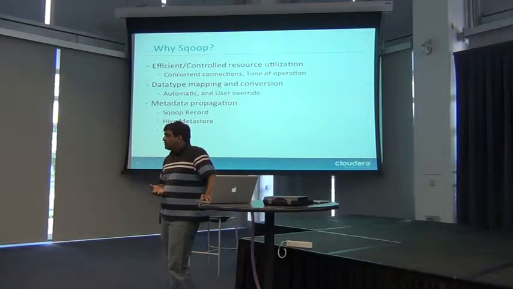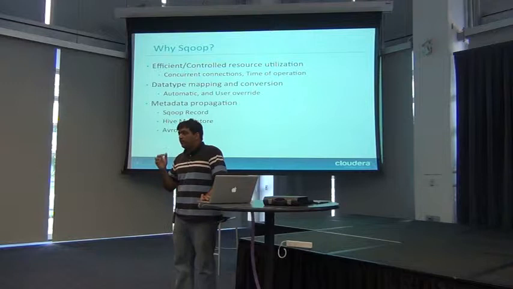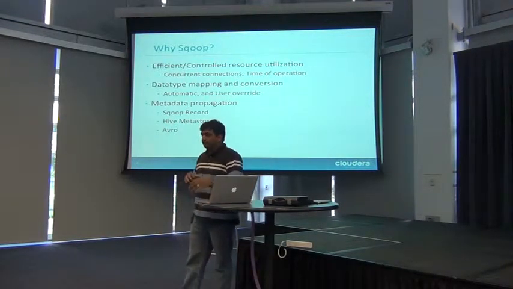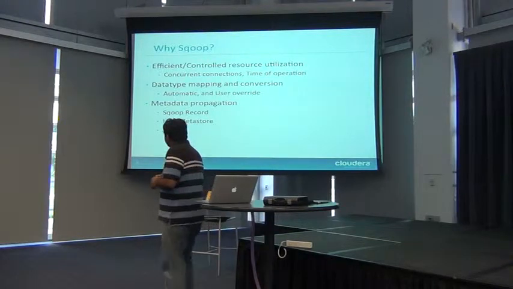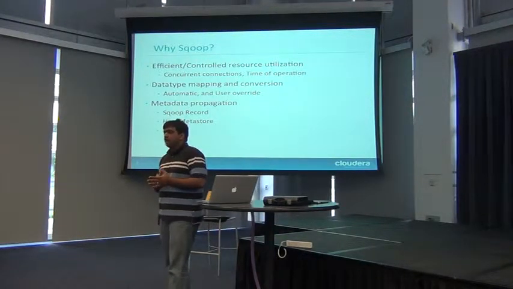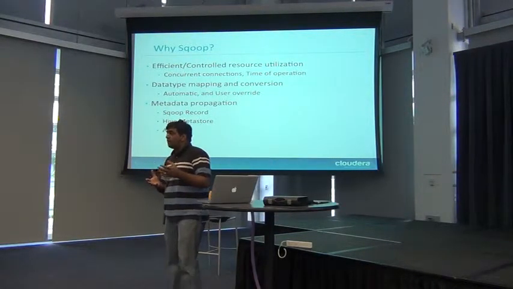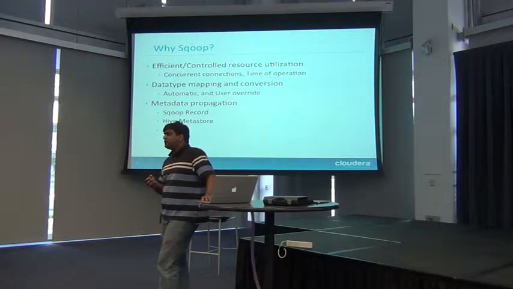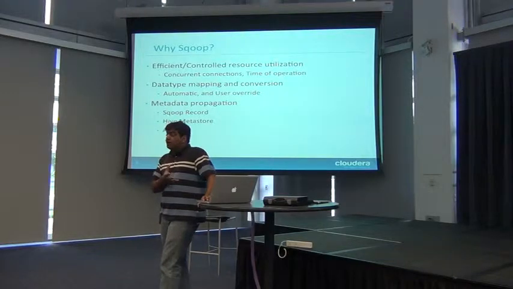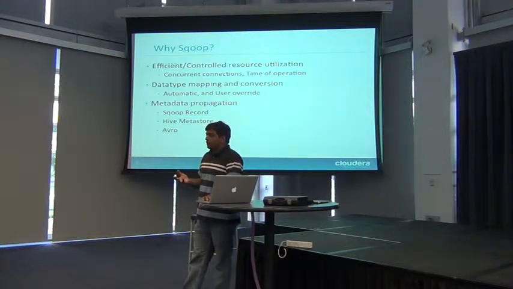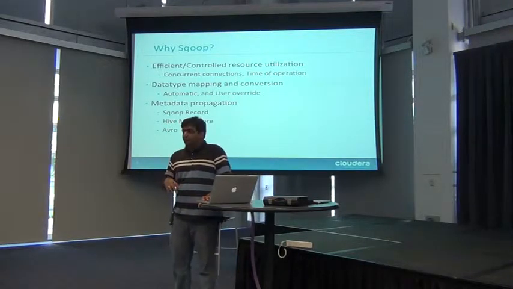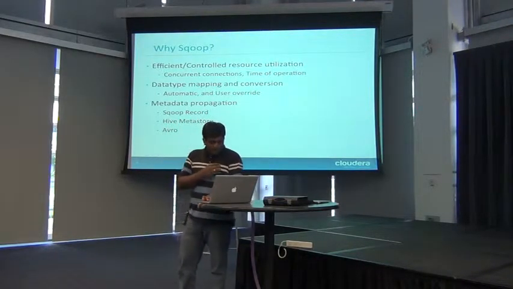You can write metadata into the Hive Metastore, which is one of the systems most Hadoop users are familiar with. Then we have Avro, which is a structured way of representing your data. So Sqoop allows you to actually transfer metadata from your SQL-based system into Hadoop, which you probably won't be able to do easily with a shell script.